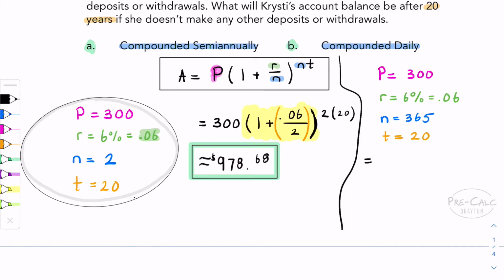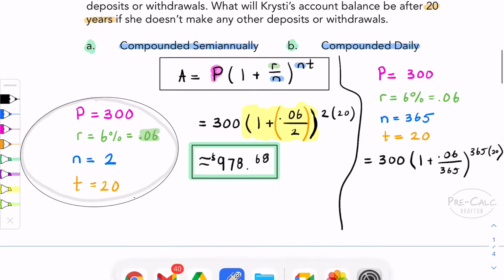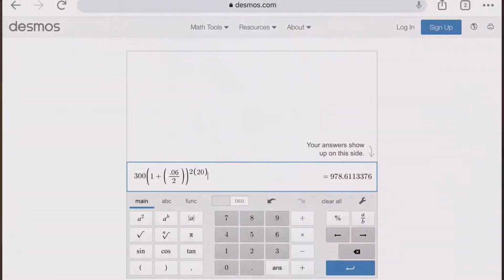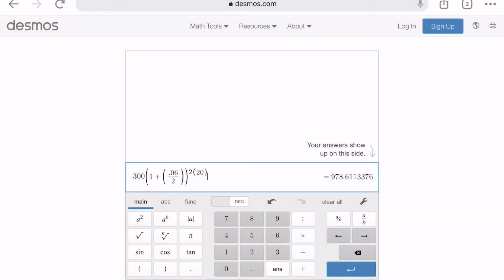So when I substitute this into the equation, I have 300 multiplied by 1 plus 0.06 divided by 365 raised to the power of 365 times 20. And switch back to Desmos, we're going to type this in. It's actually a very similar function, so I'm just going to use what I already have, and I'm going to change my denominator of the fraction to 365. And I'm going to change part of my exponent to 365.